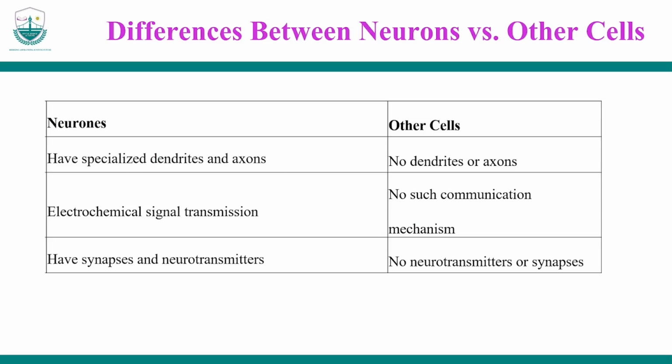So the uniqueness is in terms of possession of dendrites and axons and ability to transmit electrical impulses. And then the points where they connect, where you have neurons connecting, is what we call synapses, which you basically don't have on this side. So you don't have the normal other cells that we have. They don't have the axon, they don't have the dendrites, they cannot transmit these electrical impulses. So they don't have synapses and also neurotransmitters.